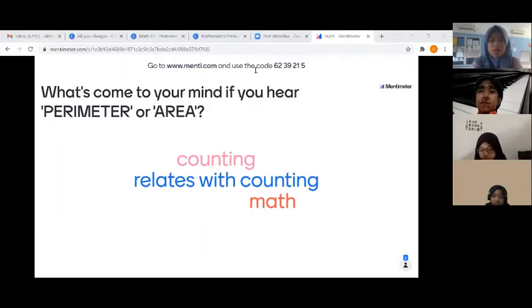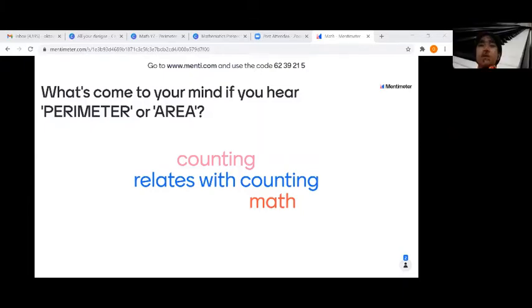Okay, relates with counting. Okay, so I think you are usually asked to calculate something related to perimeter or area. How about the others? We only have 2 students.